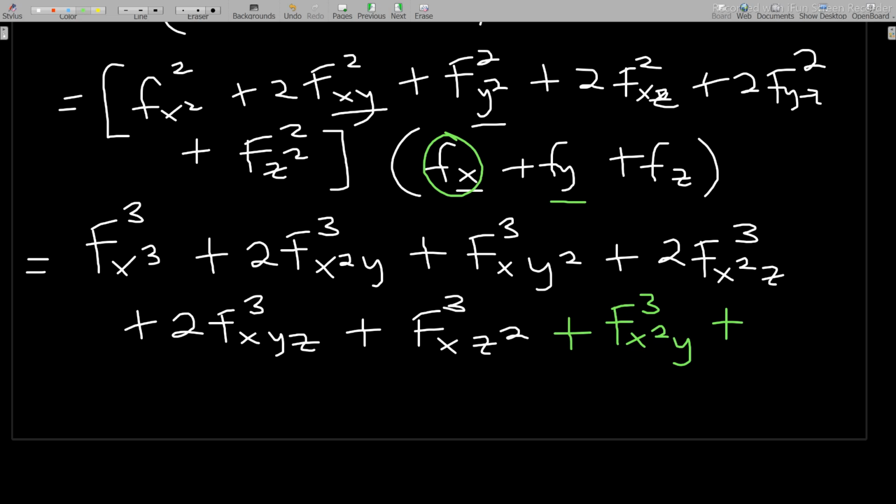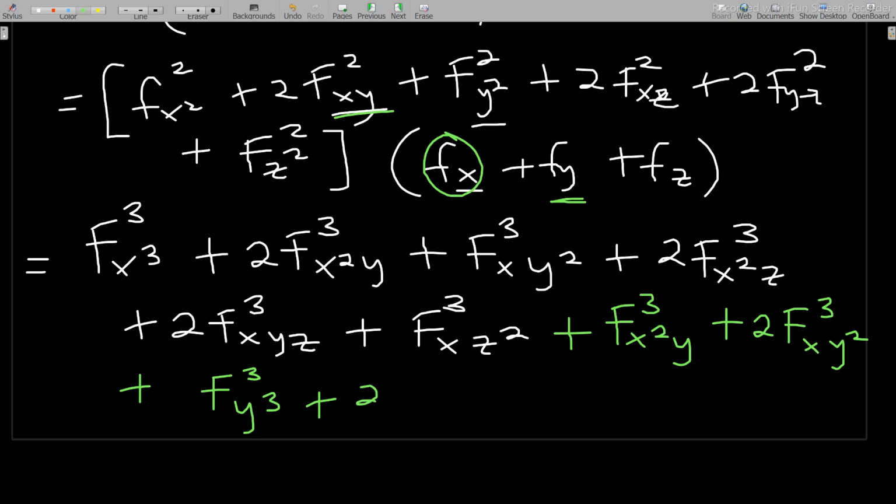This will be very, very easier. I'll show you after this, but let's go through this together. Then 2fx fy squared, cube, because y times here we have x already there, plus fy cube like this.